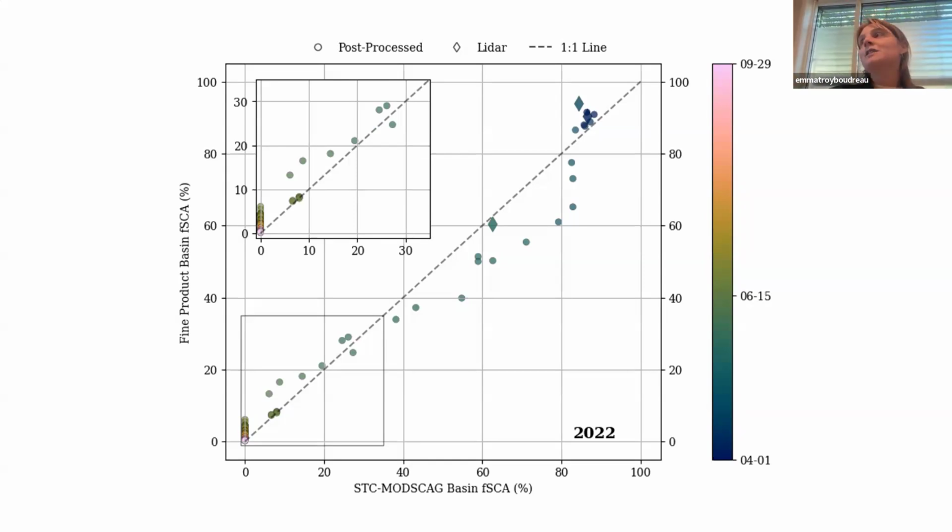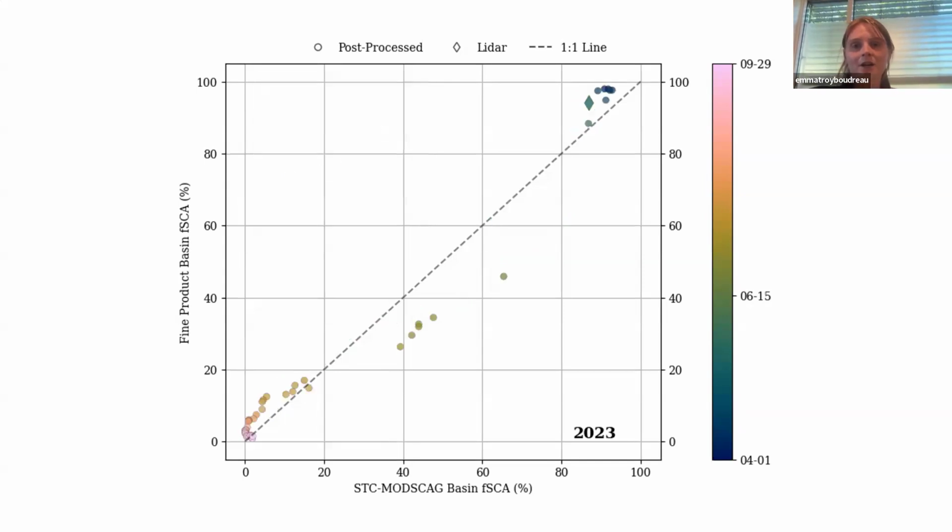So from that 0 to 7.5% of snow cover, Planet is reporting a range of different snow cover fractions in the basin, and then MODIS can't identify anything in between 0 and 7.5. So if you care about that last 7.5% of snow in the basin, maybe Planet is a better option.